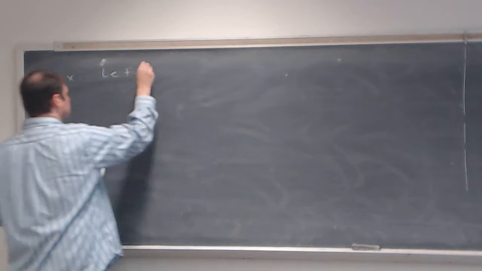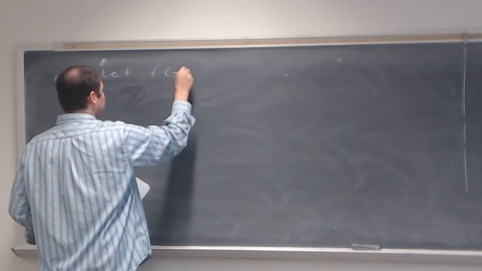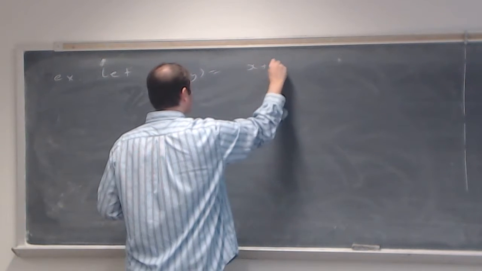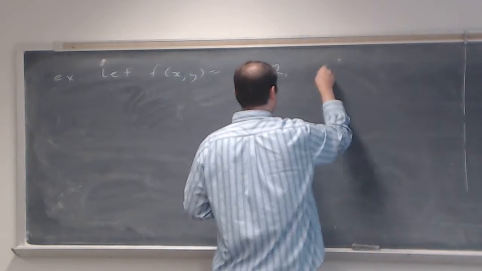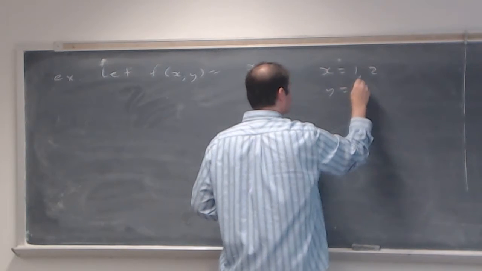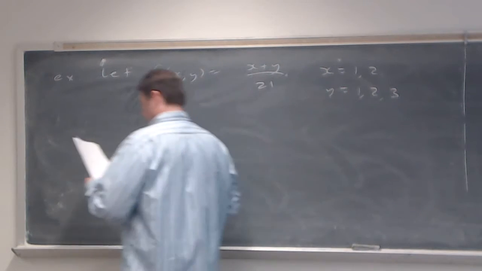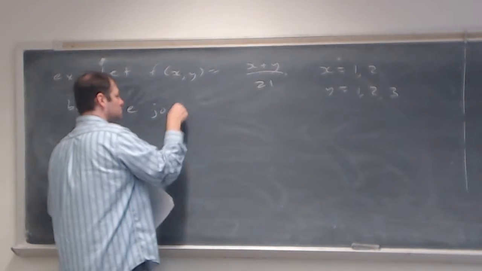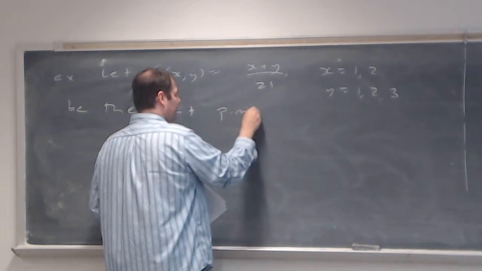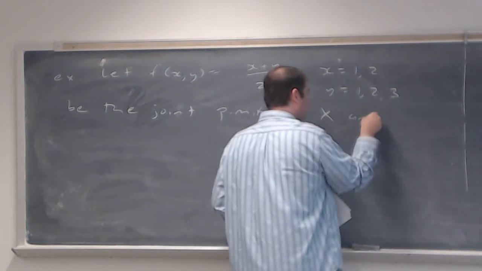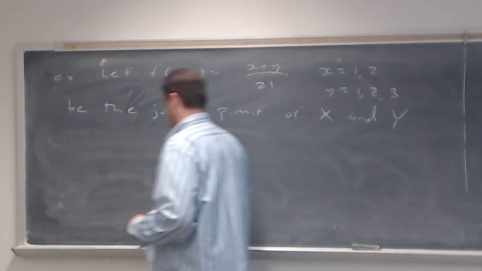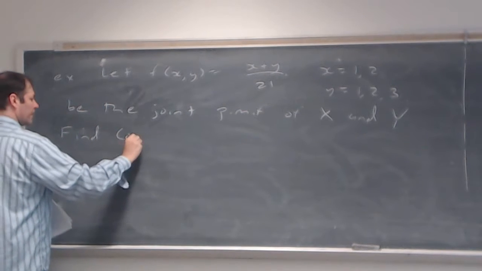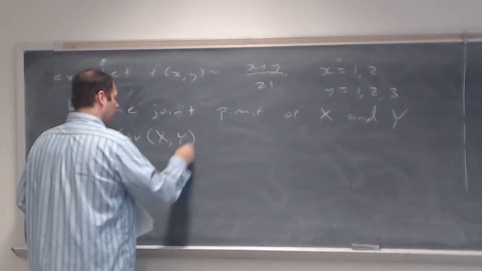We'll let f of x comma y be equal to x plus y over 21, where x is equal to 1 and 2, and y is equal to 1, 2, and 3. This is an example we've seen before, the joint PMF of x and y. Here, we're going to find the covariance between x and y.